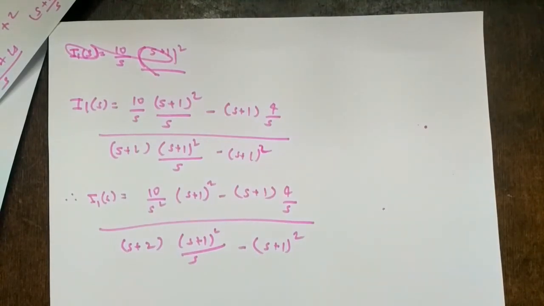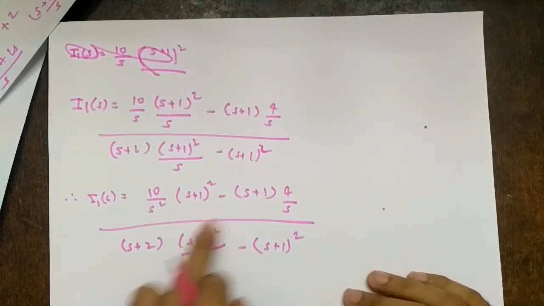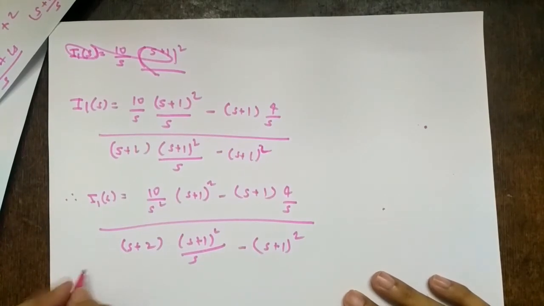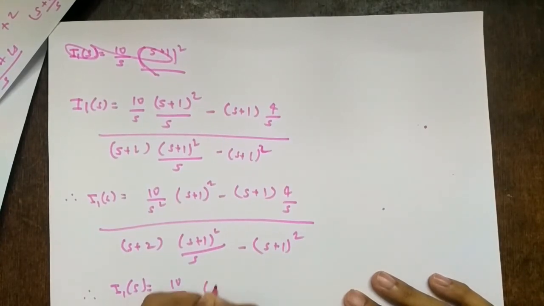Right? So if you see S plus 1, at least one will get cancelled. Right? So therefore, I1 of S equal to 10 by S square into S plus 1 minus 4 by S upon S plus 1 into S plus 2 upon S minus of S plus 1. Right?